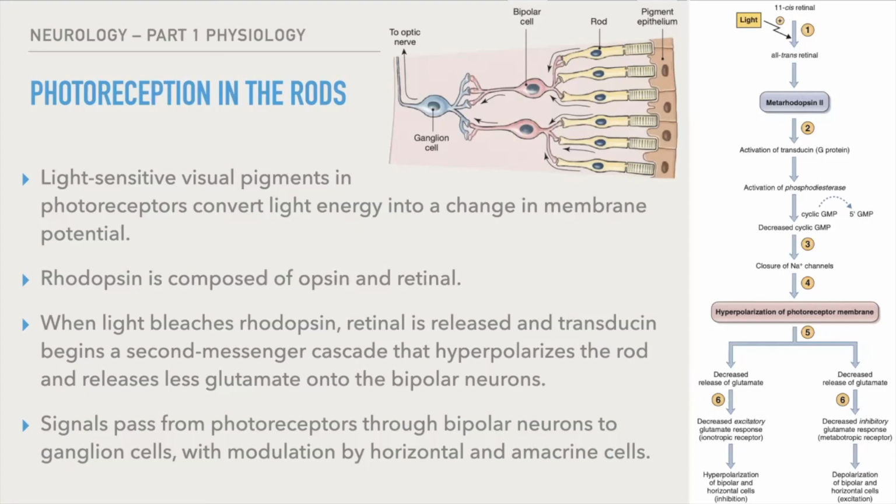The decreased levels of cyclic GMP cause the closure of the sodium channels, which will decrease the inward sodium current, and as a result, hyperpolarization of the receptor cell membranes occurs.